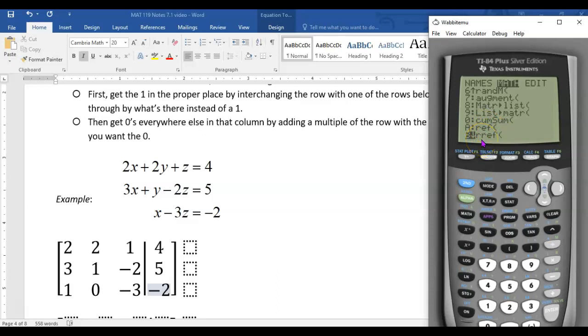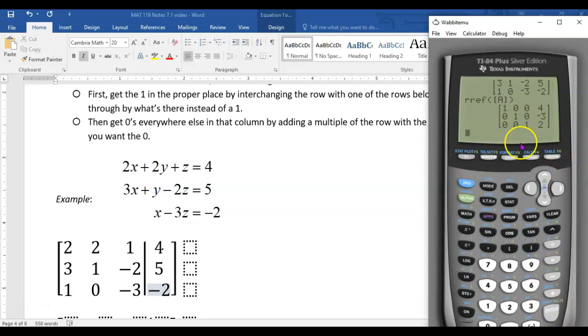We want RREF for reduced row echelon form. So select that, and I need to tell the calculator that I want the reduced row echelon form of matrix A. So go back to the matrix menu again, and this time just select matrix A, and now hit enter.